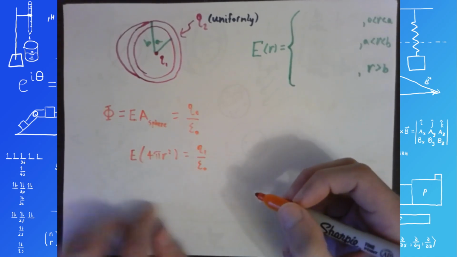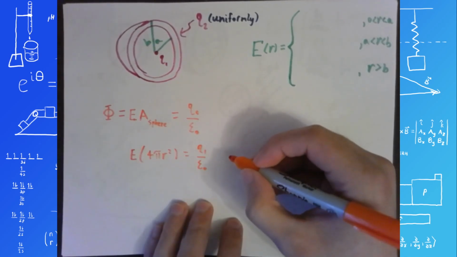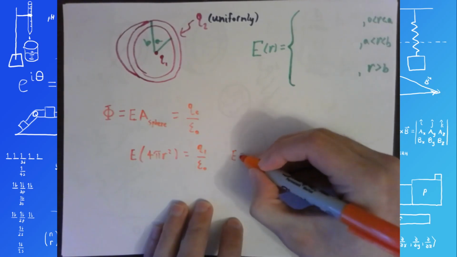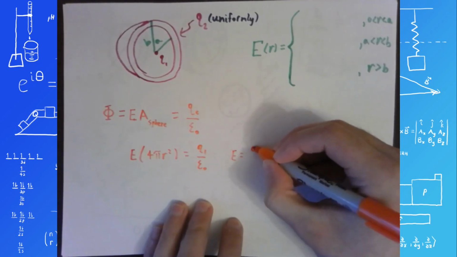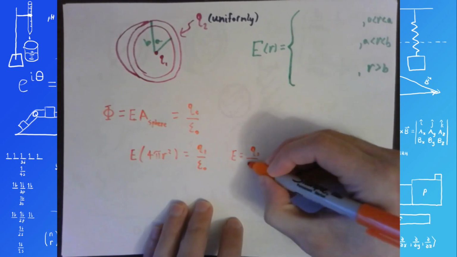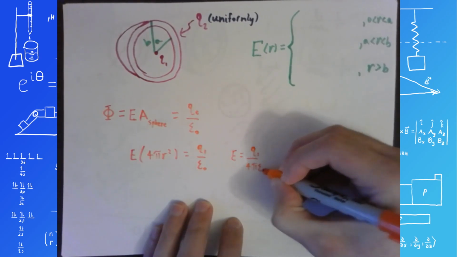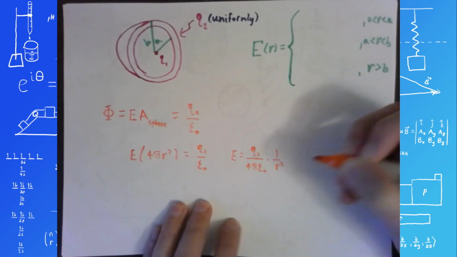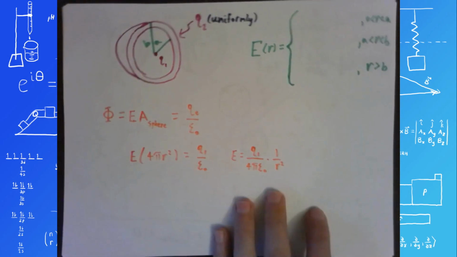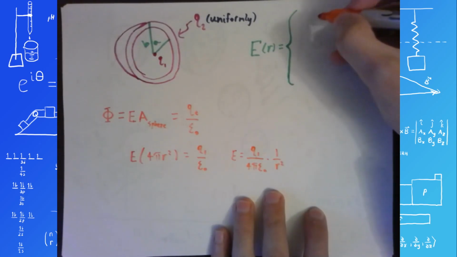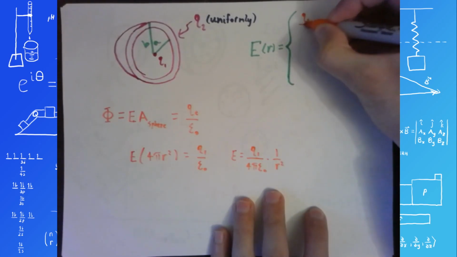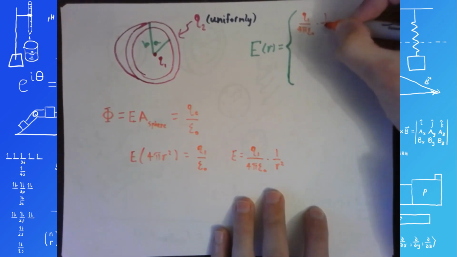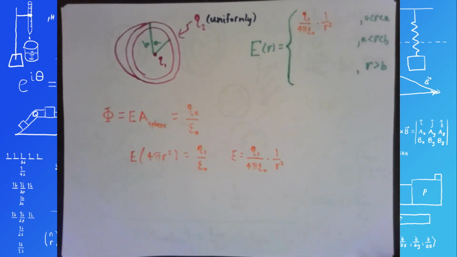We can divide by 4 pi r squared on both sides, and that'll give us electric field equals Q1 over 4 pi epsilon naught times 1 over r squared. And yeah, that is it. So that one is pretty simple, straightforward. Q1 over 4 pi epsilon naught times 1 over r squared. Okay.